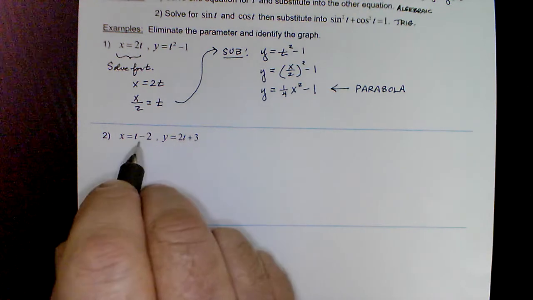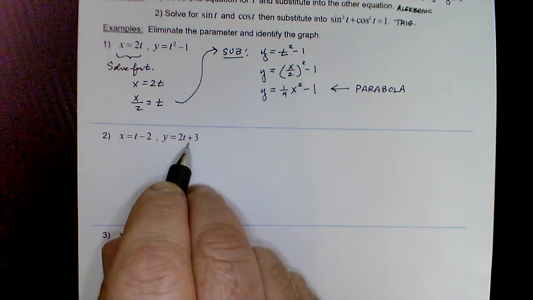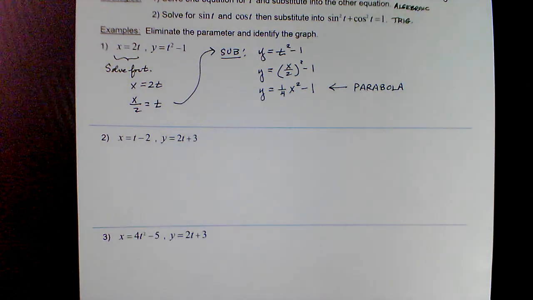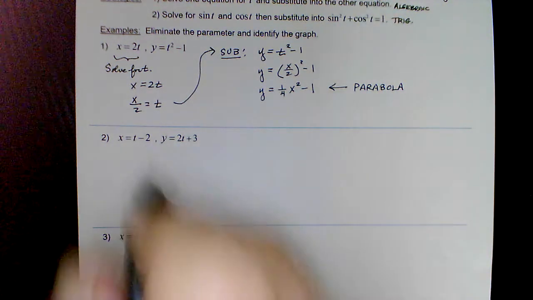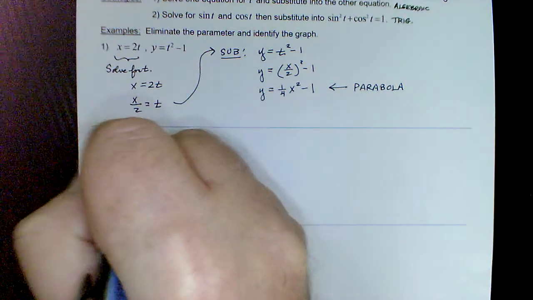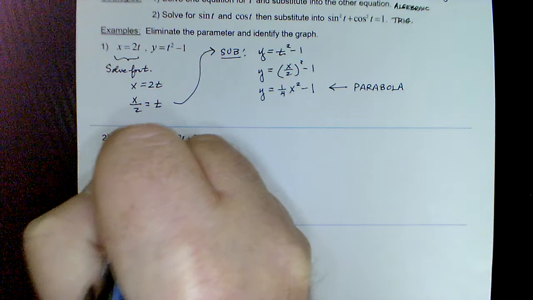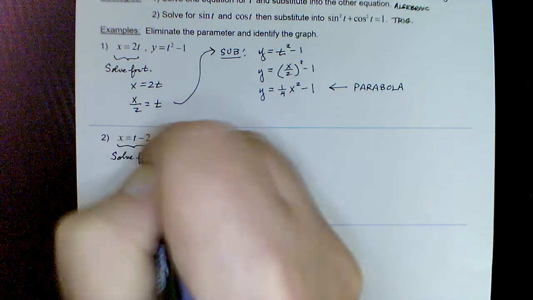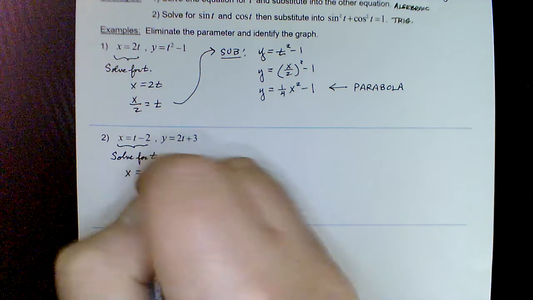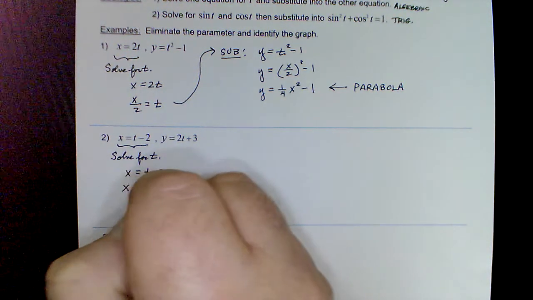Okay, then in this case, second example, again, pick one that's easier to work with and solve for t. Looks like x again. Y just takes an extra step, but I'm going to choose to go for x. Doesn't matter, it's going to work out either way. Okay, so I'm going to solve for t here. Add 2 to both sides. X plus 2 equals t.